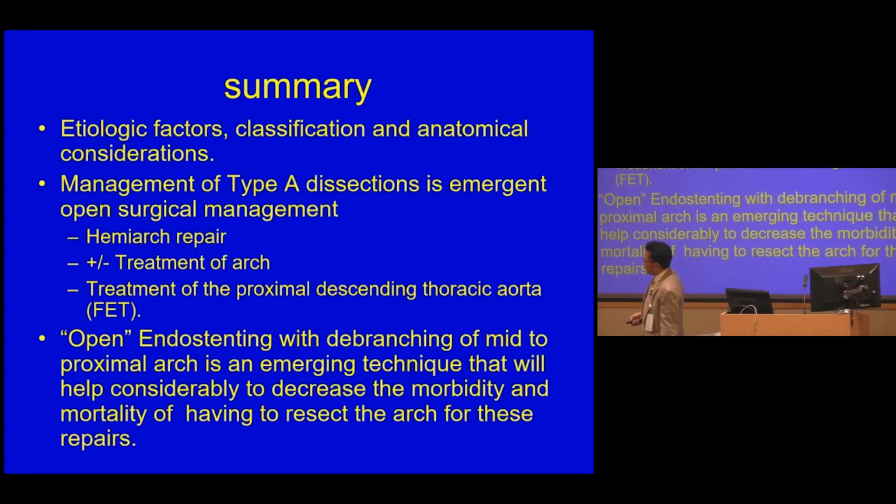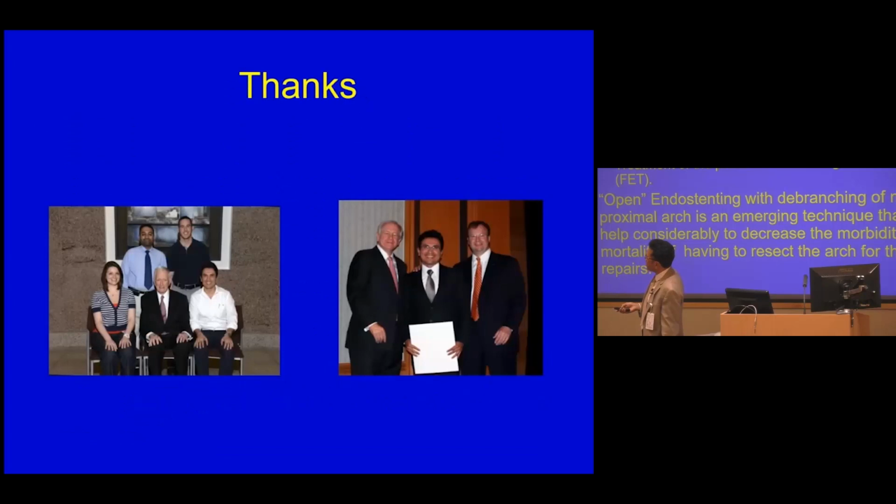The open endostenting with the branching of the mid-arch is an emerging technique because we are now able to do a sutureless anastomosis to the subclavian or to the left carotid, and that expedites the construction of those anastomoses so that you are able to flow to the brain quicker. And so that's up in the future. We've been doing them here, and we will continue.